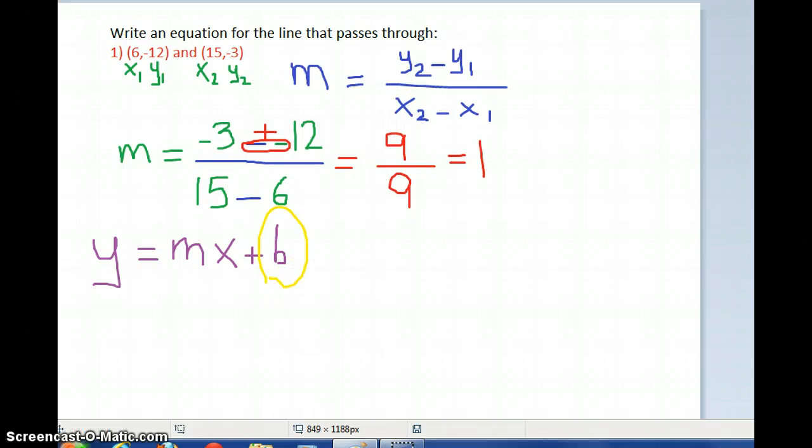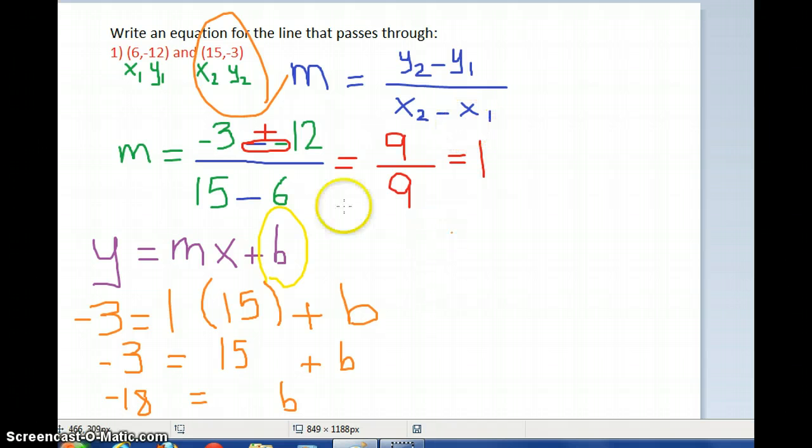What you need to do is pick one of the points. It doesn't matter which one. I'll go with that second point. As you see, we have the x value, we have the y value, and we also figured out m. So you just need to plug those in.